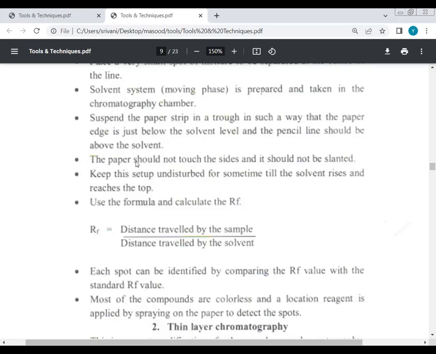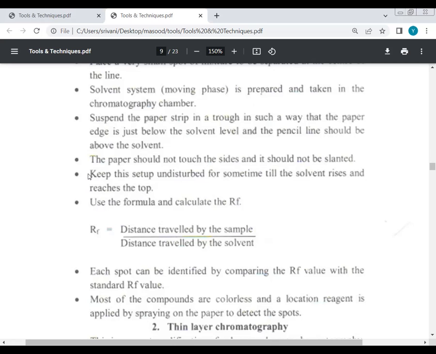Okay, the paper should not touch the sides of the jar and it should not be slanted. Keep this setup undisturbed for some time till the solvent rises and reaches the top.